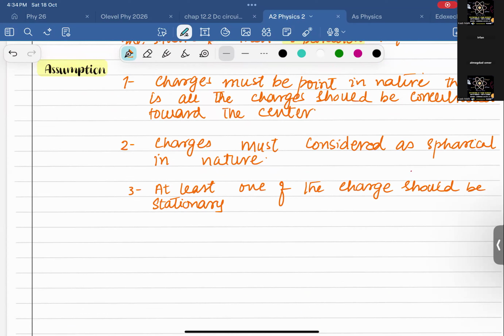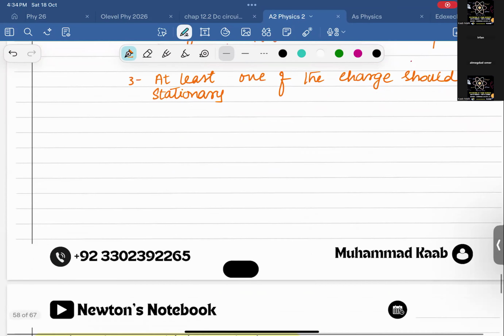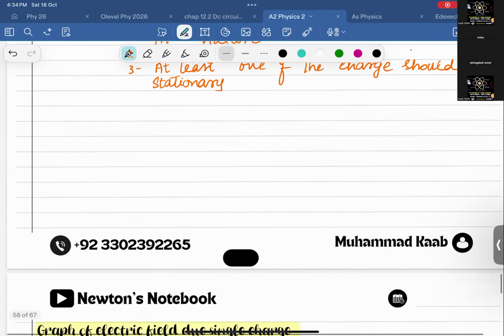It decreases as you move from the surface to the far point, but inside the sphere it remains zero, right? Because we are considering the charges to be concentrated at the center. So if the charges are concentrated at the center, then it should be zero at any point other than the center, right?